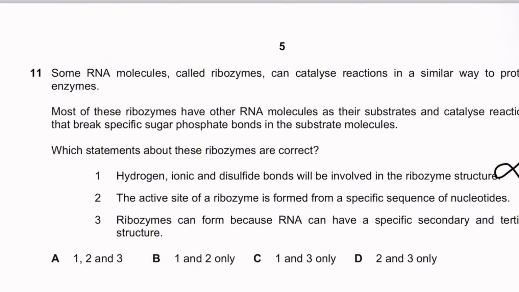These are just different levels of organization of any molecule. So yes, ribozymes, just like any enzyme, have secondary and tertiary levels of organization because they want that globular shape, and they want to form active sites that allow the substrates to bind to them. Therefore yes, it's 2 and 3 only.